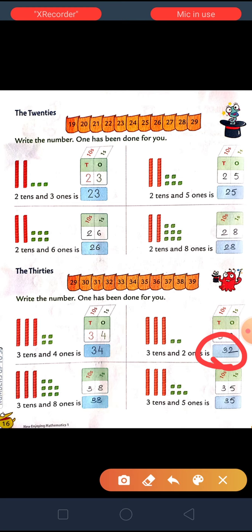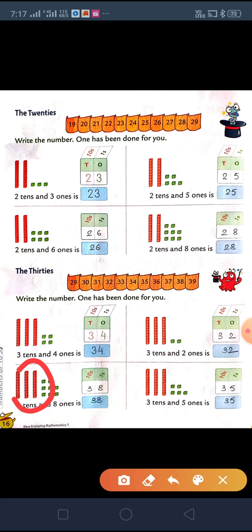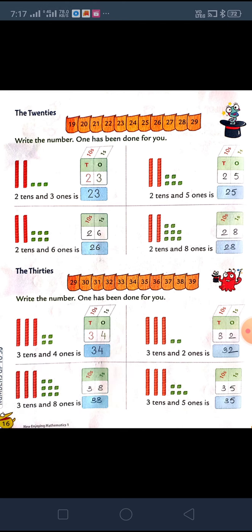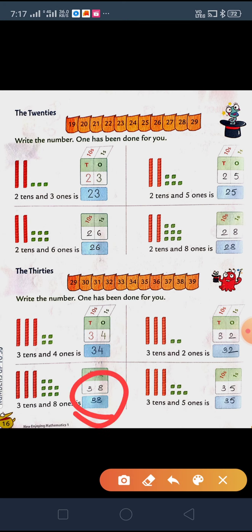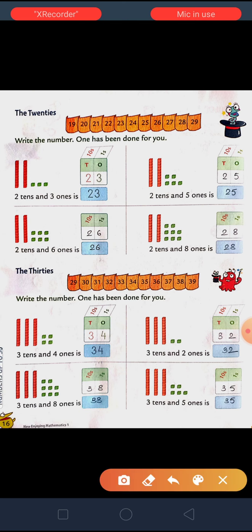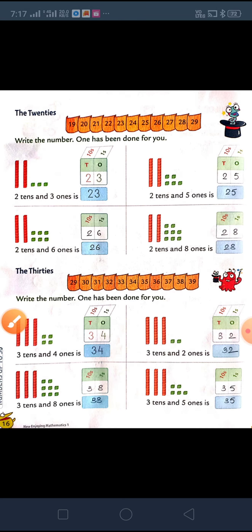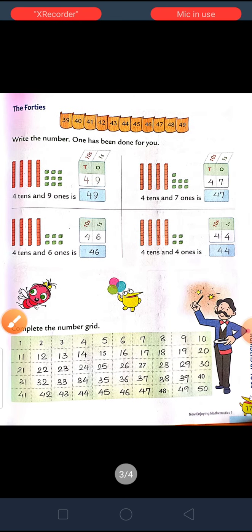Same way 3 tens, so 3 in the tens column and 8 in the ones column. So the number becomes 38. Again 3 tens, so 3 in the tens column and 5 in the ones column. So the number becomes 35.